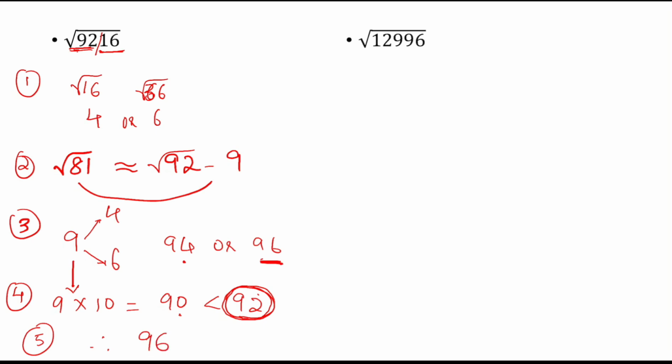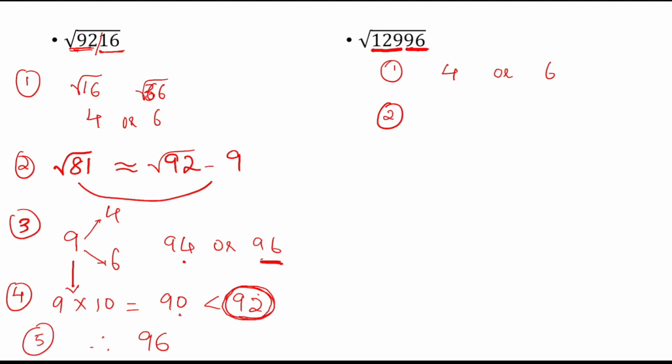Next problem. So here the first step is, see the last number, that is 6. Again 6 ends for 4 or 6, square of 4 or 6. Then second step is, leave these two numbers and take the remaining numbers, that is 1 to 9.